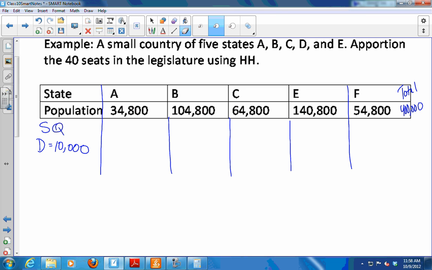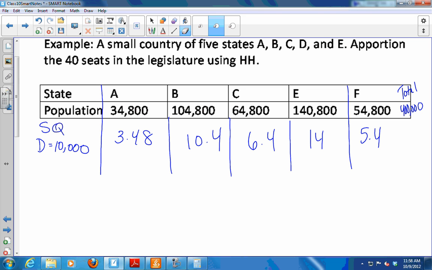Yeah. Dividing by 10 would be 1, 100 would be 2, 1,000 would be 3, so 10,000 is 4. So this is going to be 3.48, 10.4, 6.4, 14, and 5.4.